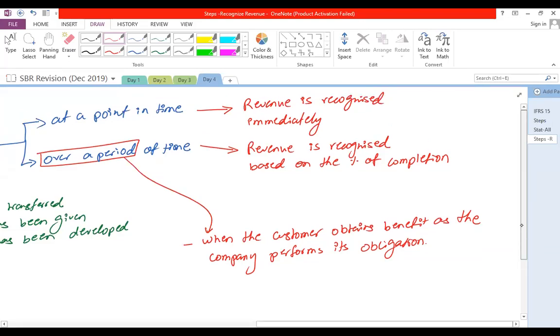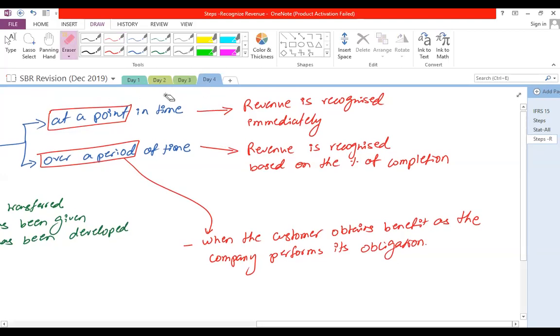And when do we know that it's transferred at a point in time? The answer is simple. If the control is not transferred over a period of time, then we say it's transferred at a point in time. There's no specific definition of control being transferred at a point in time.